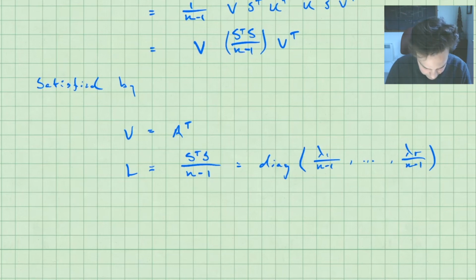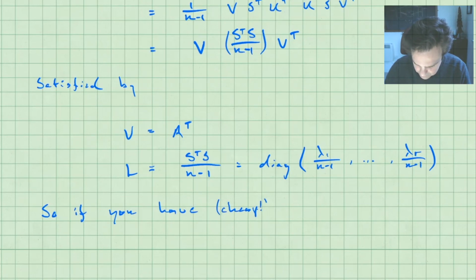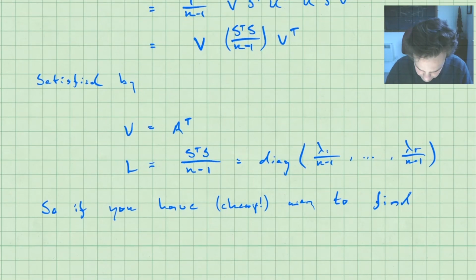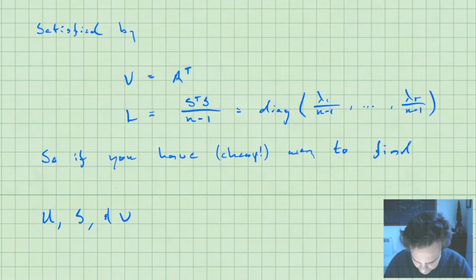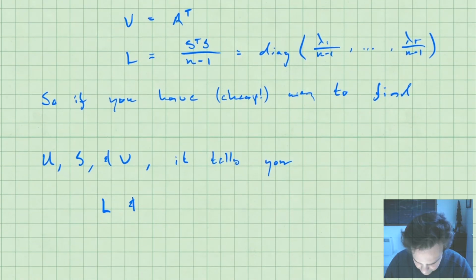What's key to understand is, first of all, if you have a cheap way to decompose things, to find your U and your S and your V, then it tells you right away these things, L and A transpose.